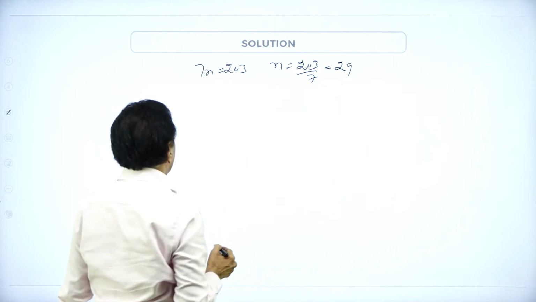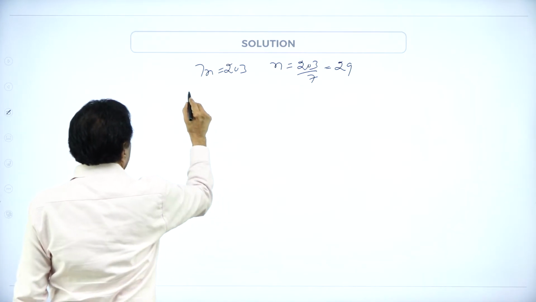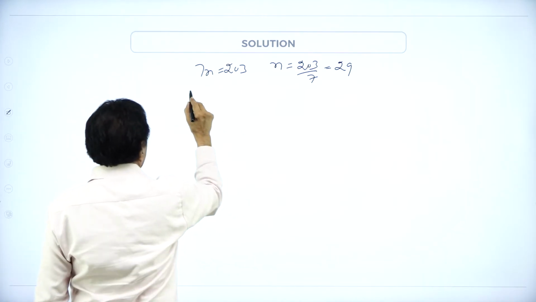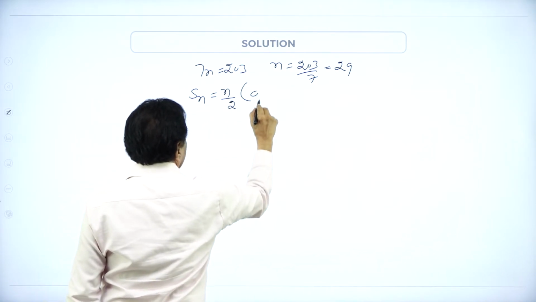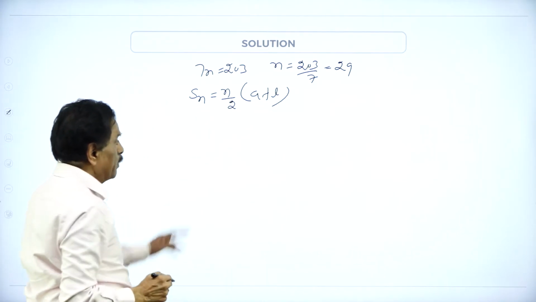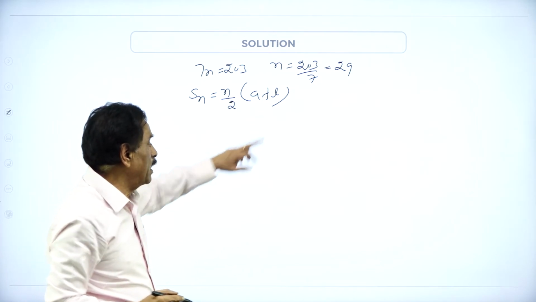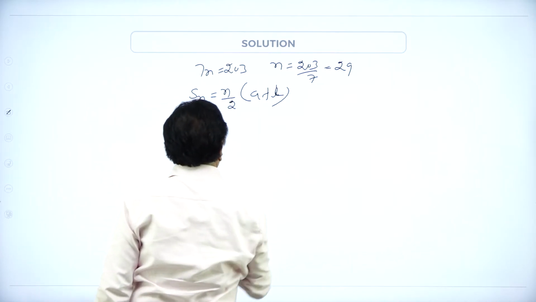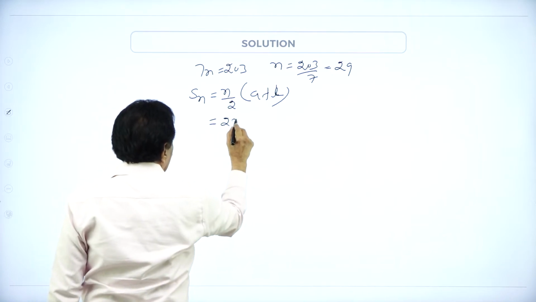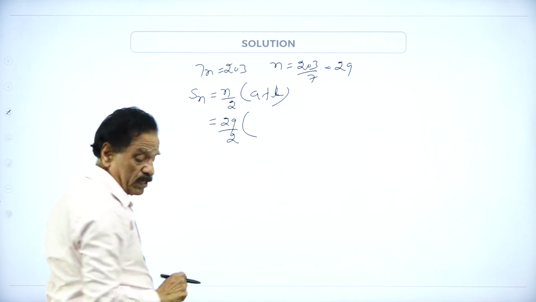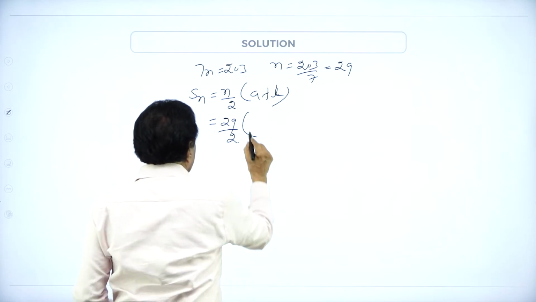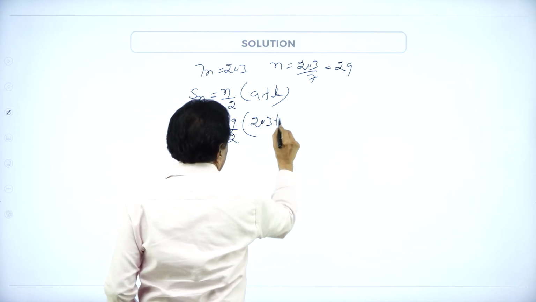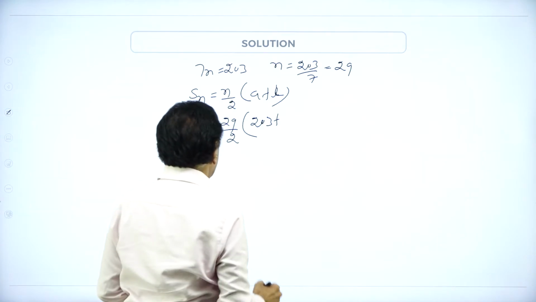Number of terms. So the sum of the numbers Sn is equal to n by 2 into (a plus l), where n is the number of terms, a is the first term, l is the last term. n is 29, so 29 by 2. The first number is 203, the last number is 399.